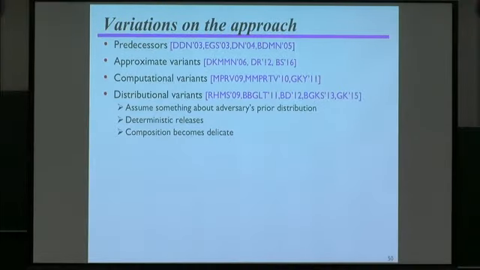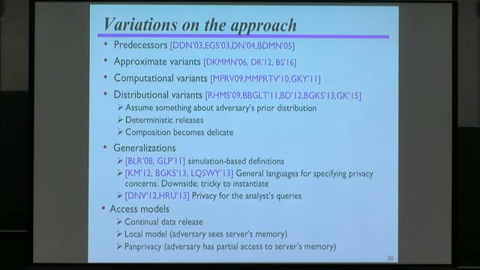There are lots of variations on this theme where people have looked at variations where you introduce some additional distributional assumptions on the data, generalizations of one kind or another. People have also looked at, rather than assuming that all the data is collected in one place, a more distributed model, and there are variations of how you might want to do that. I'm not going to go through all these variations. I just want you to know they exist.